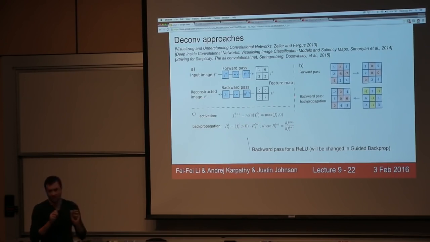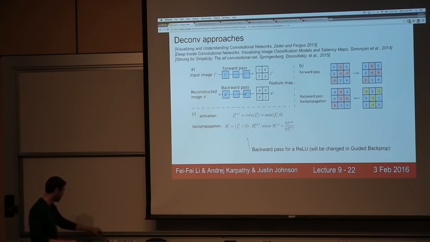So we're looking specifically at a ReLU layer here and what it computes during the forward and backward pass during backpropagation. So if we're in some feature map in the ConvNet, and we apply the ReLU operation, which is thresholding all the negative activations to 0. Now in the backward pass, this ReLU layer finds what the gradient from above is. So this is the gradient going into the ReLU neurons. And the way ReLU works is it just blocks all the gradient for all the parts that had negative activations.